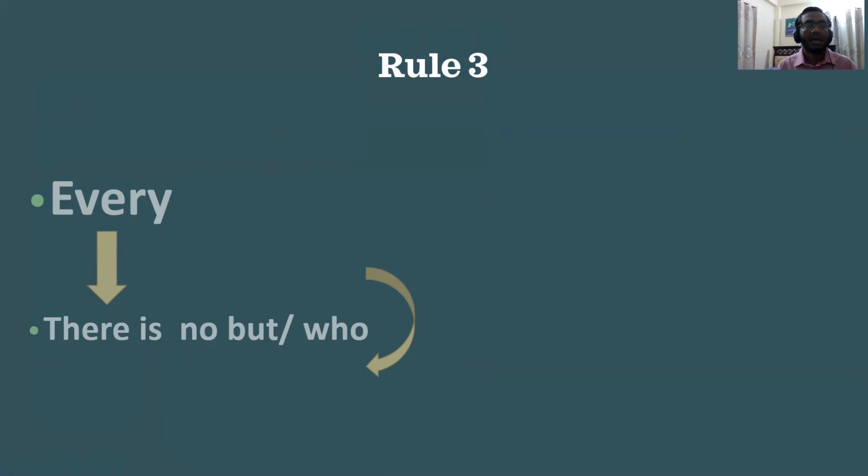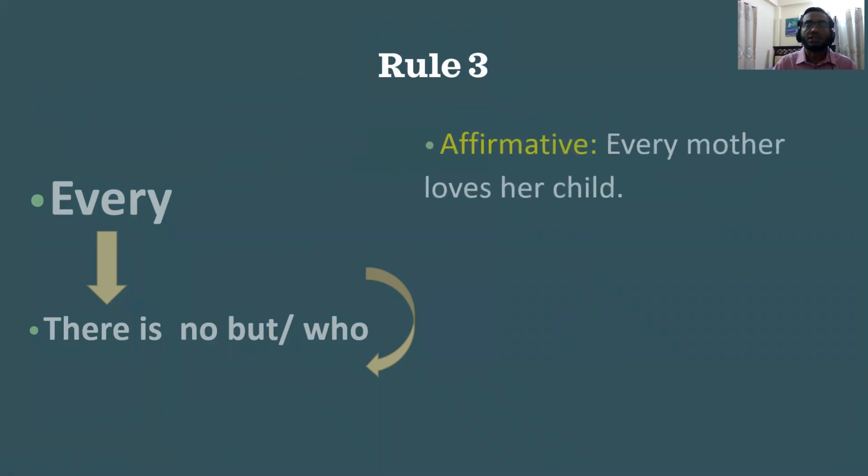Again, I'm saying the word "every" in an affirmative sentence can be replaced by "there is no" plus "but," or "there is no" plus "who." Can you understand? Now, look at the example, please. In affirmative, every mother loves her child.